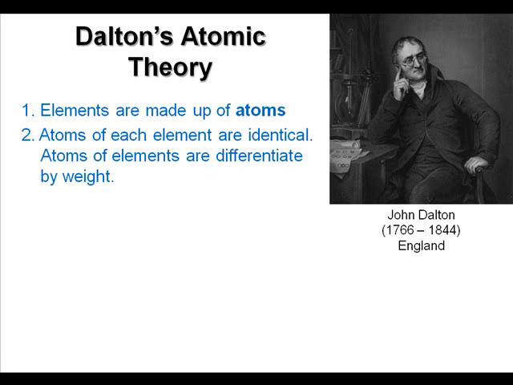If you take a look at one element, such as carbon, and say look at another material like iron, the atoms that make up the carbon substance, like coal, and the atoms that make up iron metal, those atoms are different from each other.